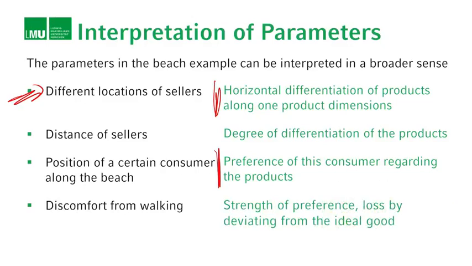And finally, we've looked at the discomfort from walking, and that might be one that we have to work a bit harder in reinterpreting, but the discomfort from walking actually can be interpreted as the strength of the preference. So why is that? The discomfort from walking a distance means that I lose utility, so I'm worse off the further I go.